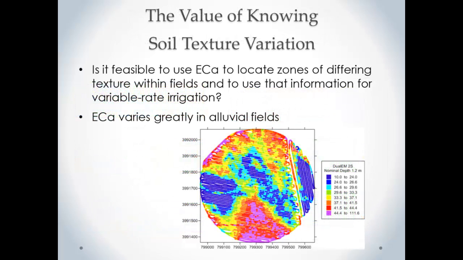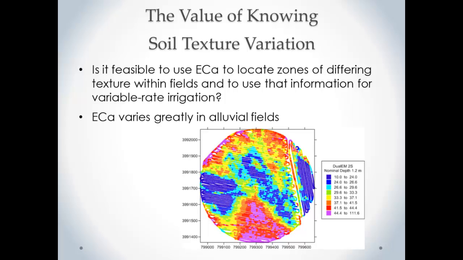Another example of how soil texture is important in using EC is with areas where there's tremendous variability in texture, like in the alluvial soils of the river bottoms.